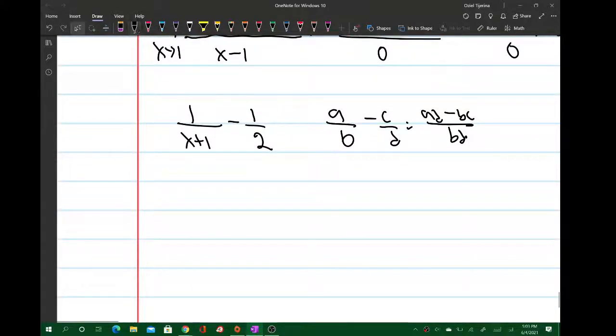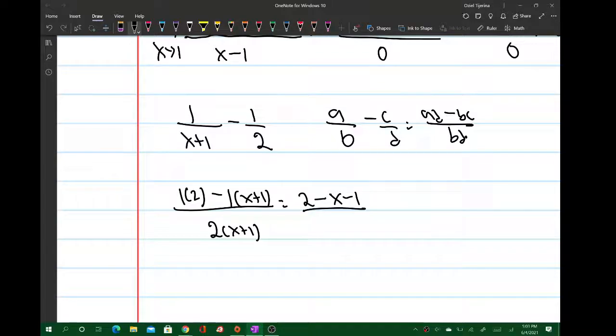So we can do cross multiplication. So we have 1 times 2 minus 1 times x plus 1 over 2 times x plus 1. That's equal to 2 minus x minus 1 over 2 times x plus 1. This is equal to negative x plus 1 over 2 times x plus 1.